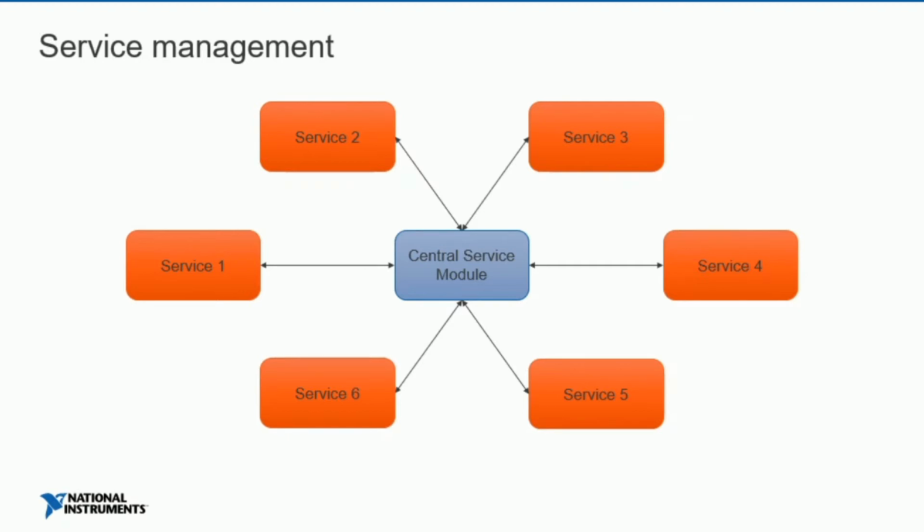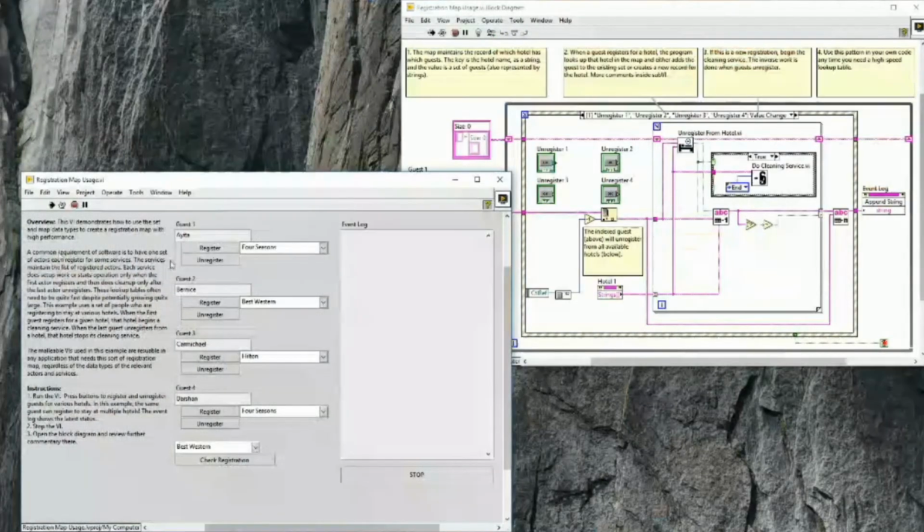And within the central service module, you want to maintain knowledge of which other modules you've started and what sort of capabilities they have, or what's been assigned to each of those modules. That set of registration maps VIs that I mentioned was in a subpalette.